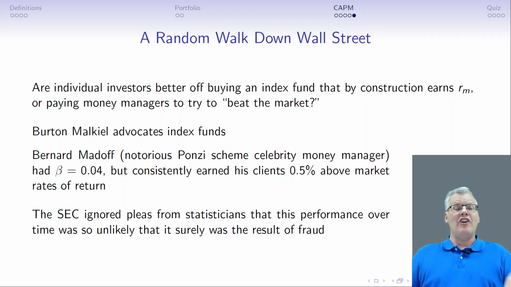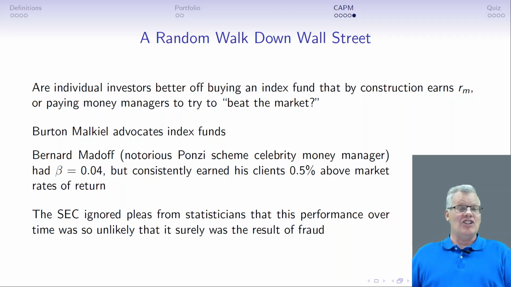So in other words, the variability of his rates of return was very close to the stock market as a whole, but he consistently earned his clients 0.5% more than market rates of return. So year in and year out, Madoff was paying his clients 0.5% more than broad index funds while exposing them to the same level of risk.